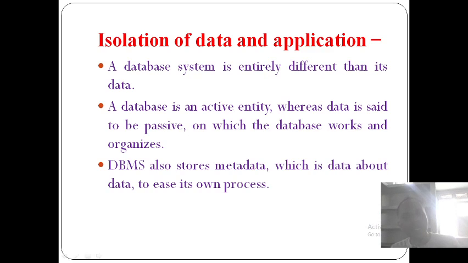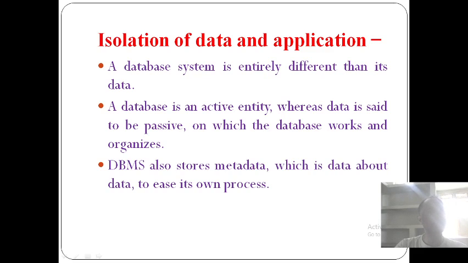Isolation of data and application. Application is a software. It is independent and data is independent. See here now, all your information, student information, which is dumped in the database, is called data.